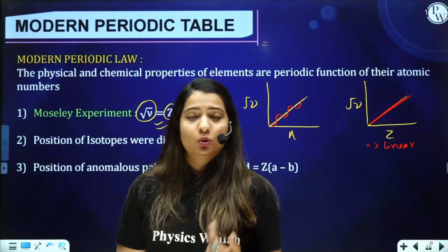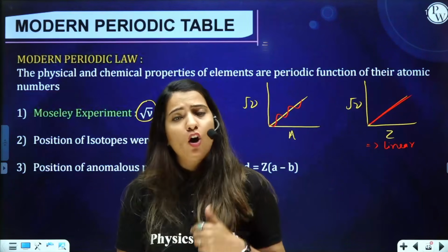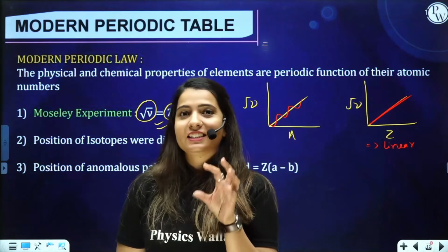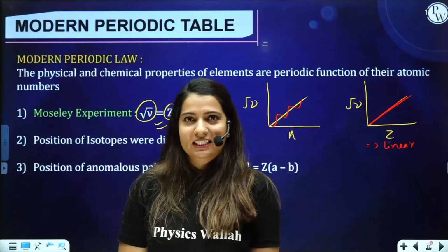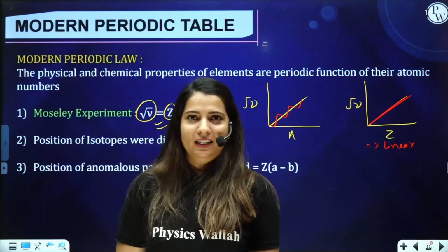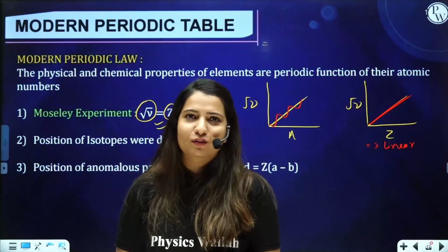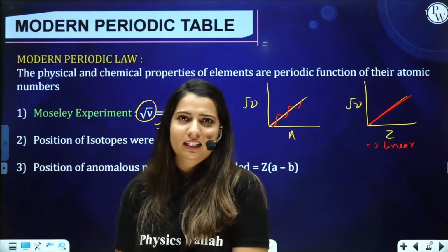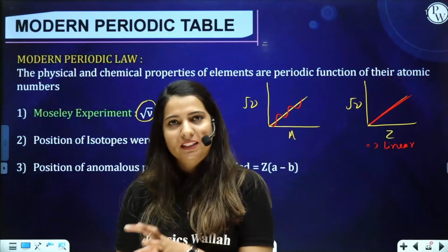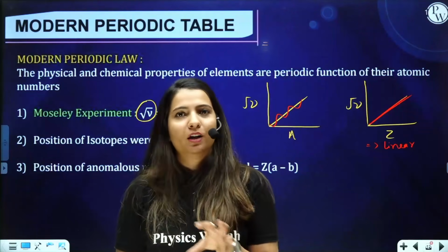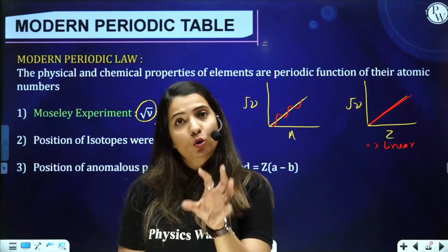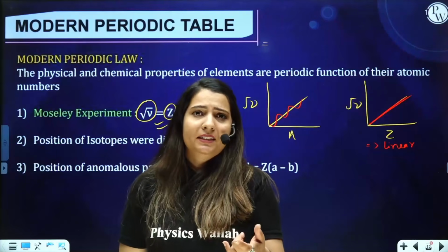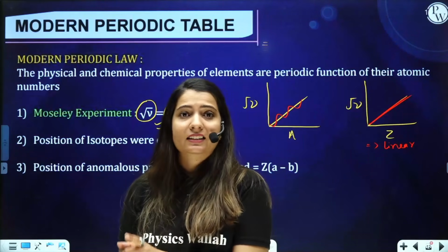Change it to increasing atomic number, and all the anomalies will vanish. Mendeleev listened and changed this, and we got the new periodic table. But that was not the work of Mendeleev alone. Bohr, Bury, Warren and some other scientists were the basis of the classification of the modern periodic table. But Moseley was the person who did the experiment showing that we should consider increasing atomic number, not atomic mass.